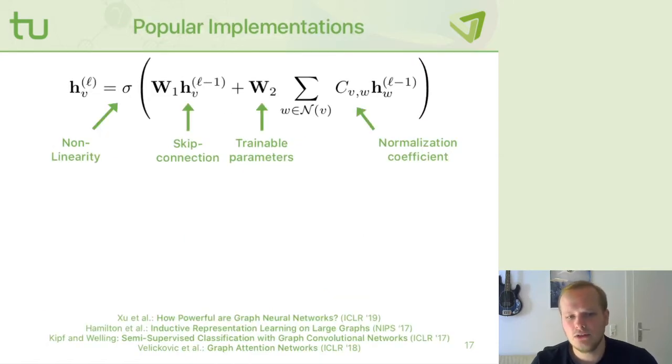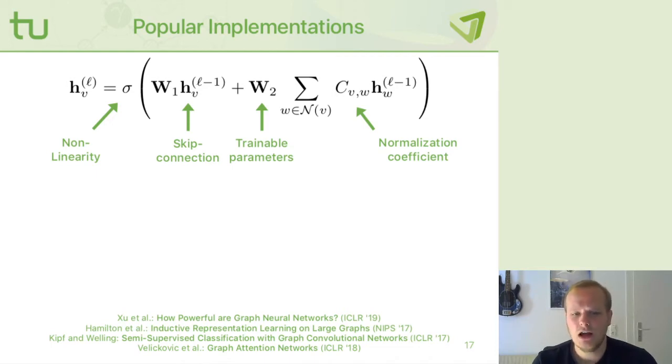So let us now look into specific implementations of the message passing scheme. And by far the most popular implementation is the following formula, which can be found in numerous papers with only slight variations. And this formula updates the node embedding of a node v based on its representation itself and all its neighboring node representations h_w.